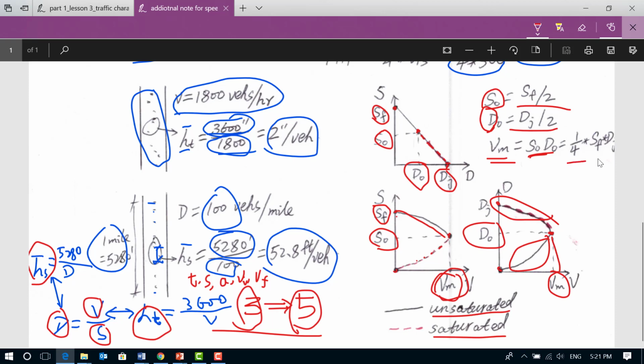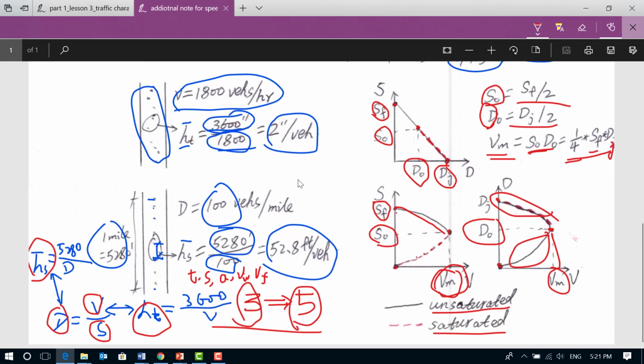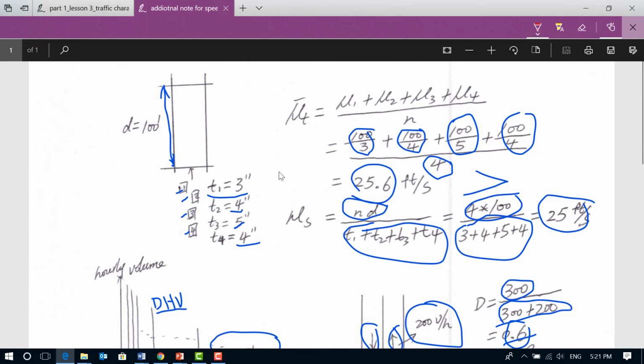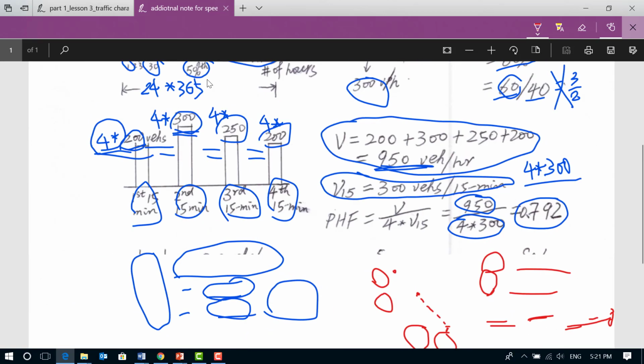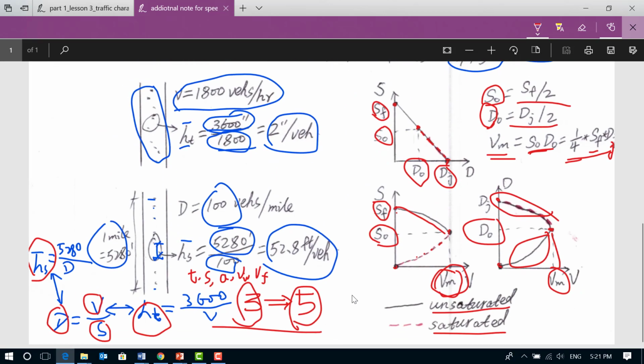So it is the product of the free flow speed and jammed density divided by 4. That is the speed, volume, and density relationship. And the most important is these 3 to 5 sets.